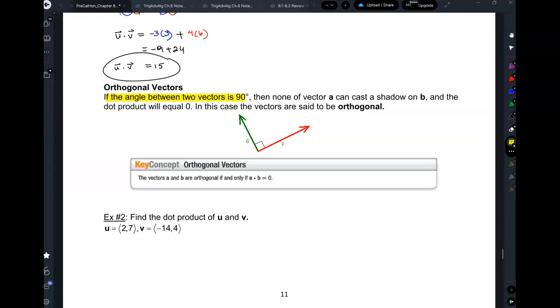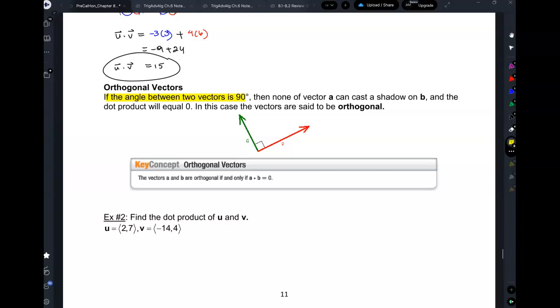So ortho means straight. So orthogonal means there is a straight line, like a 90-degree angle, so it's like perpendicular. We usually use perpendicular for lines, but when it comes to vectors and planes, the more widely used term is orthogonal.